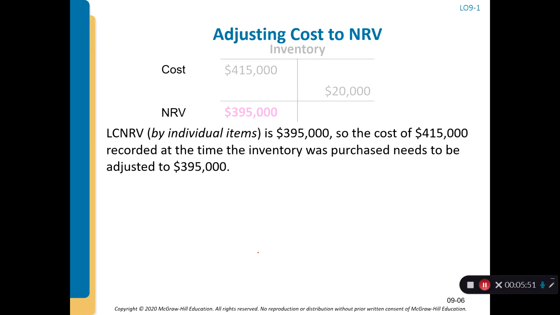Now let's look at how we adjust the cost to the net realizable value. Let's use the individual items as an example, which is 395,000. The cost of $415,000 recorded when the inventory was purchased needs to be adjusted to 395,000.